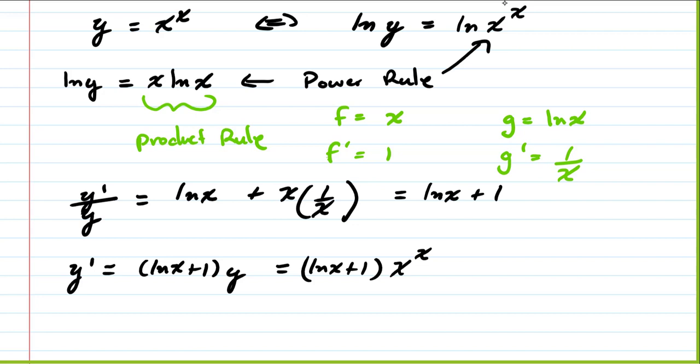It's an interesting little derivative. So if we ever have a variable in both the base and the exponent, we have to use logarithmic differentiation. That's the only way to do it. Because it's not a polynomial and it's not an exponential, it's something else.